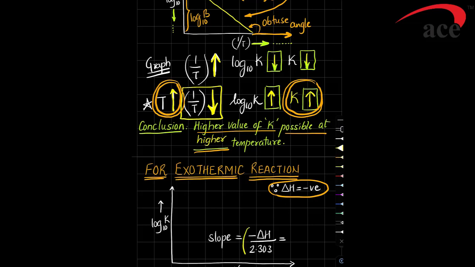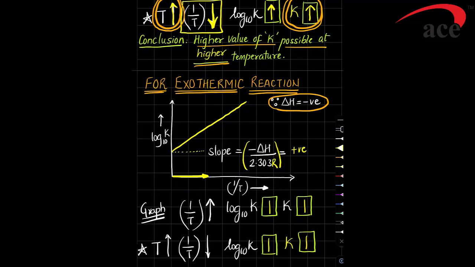So the slope, which is minus delta H by 2.303 R, will be found to be positive. If slope is positive, the graph will be like this, not passing through origin. It makes an acute angle with the positive direction of x-axis because the slope value is positive.